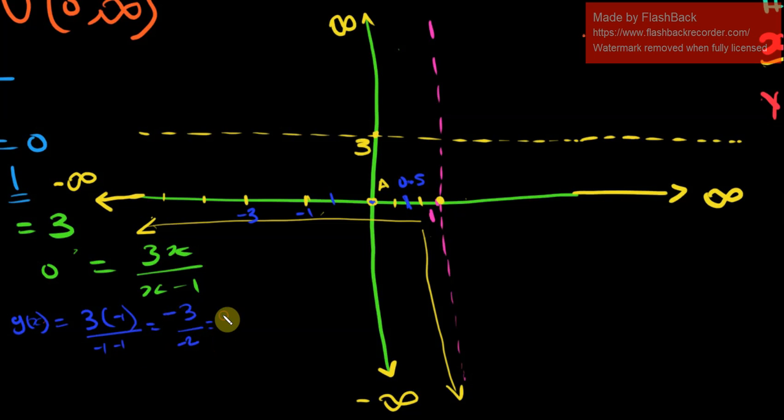So that is 3 over 2, which is 1.5. Interesting. Okay, if x is -1, we have 1.5.